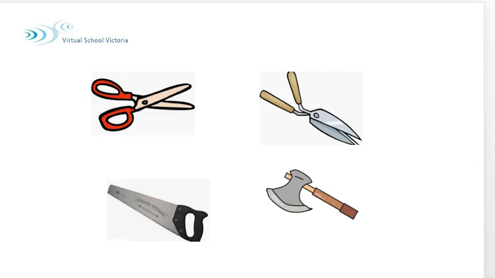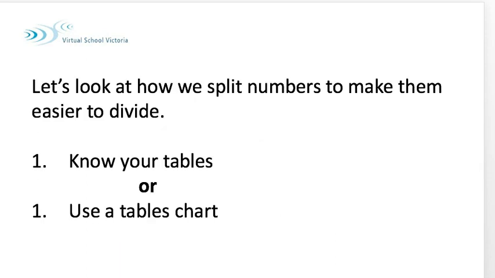Now let me introduce you to some more tools that we can use in mathematics. These are very useful for doing something with numbers that we want to divide. We're going to split them or reorganize numbers or chop them into groups that are easier for us to think about and divide.